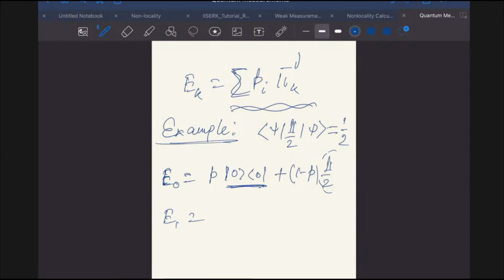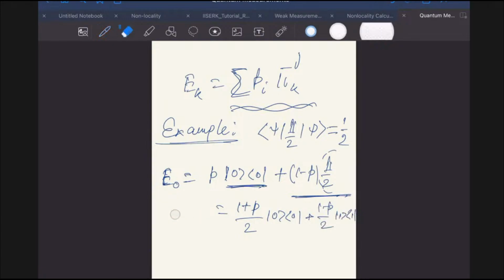That means some one particle can also go up. Now, realize this like this one. This can also be written as (1 plus p) by 2 |0><0| plus (1 minus p) by 2 |1><1|. This is the general form. Just divide the identity into |0><0| and |1><1|, then you can write it.